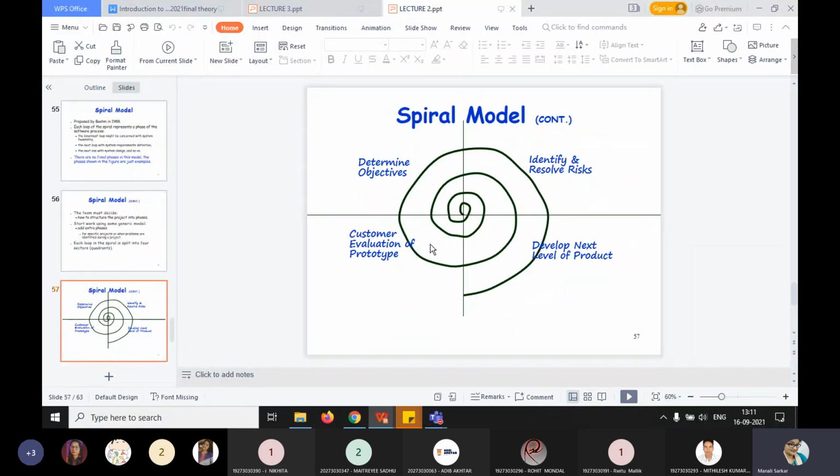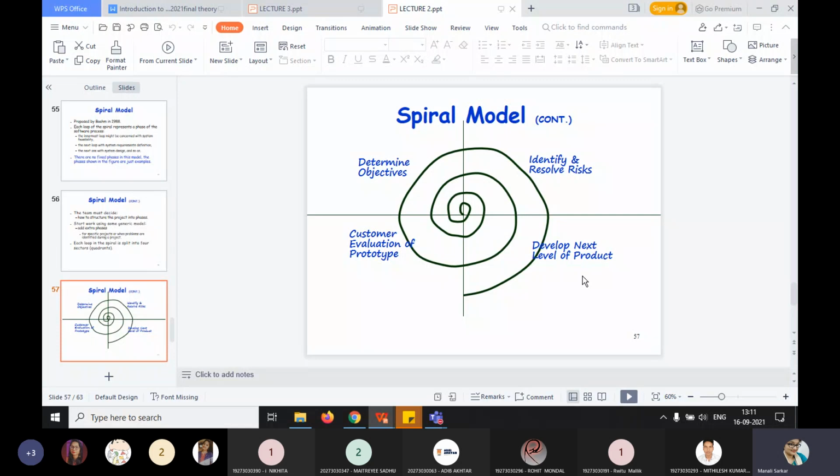In some projects you will find that it takes 4 phases to develop, while in other projects there are 5 or more phases, and in some it gets completed in 2 phases. So it totally depends on the project. Each loop of the spiral model is called a phase of the software process.